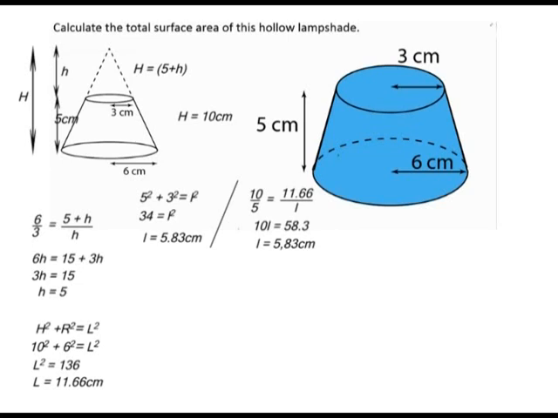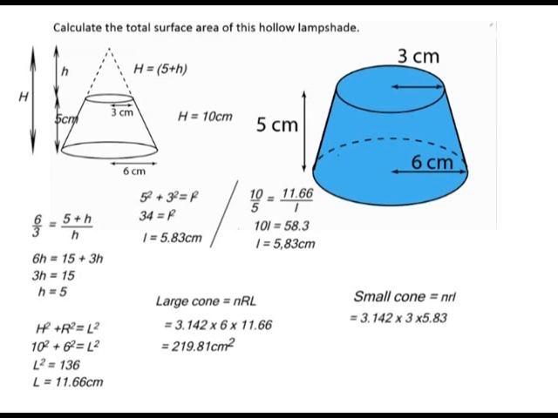The curved surface area of the large cone is given by pi r capital L capital. That is 3.142 times 6 times 11.66. That gives us 219.81 square centimeters. Then the curved surface area of the smaller cone is equal to pi rl.